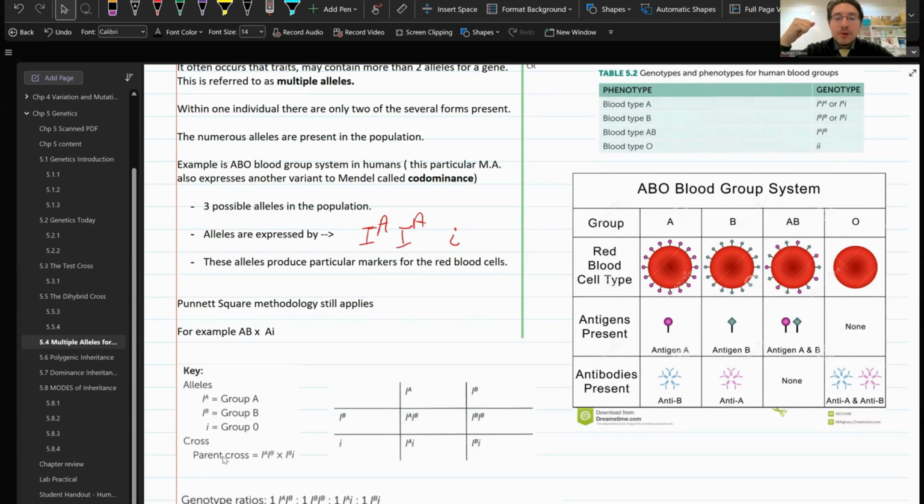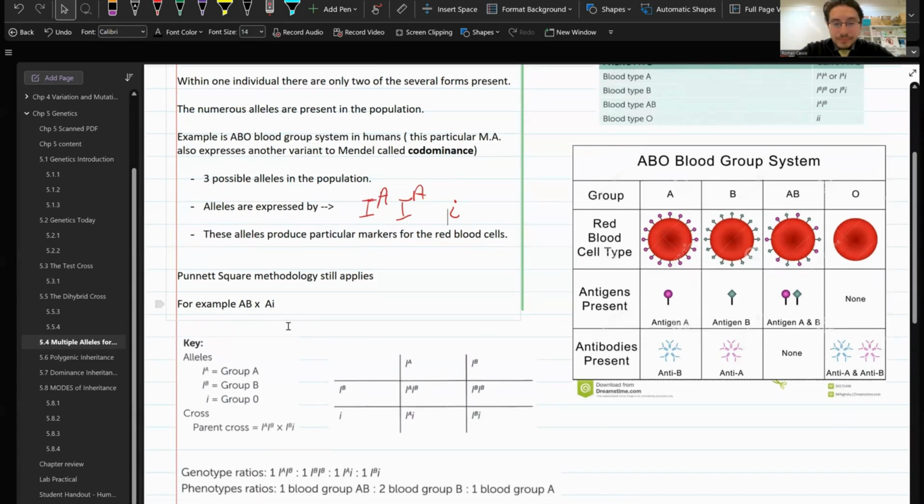Or you can have an absence of any of these alleles, meaning you're not producing any antigen. So how will this work in a Punnett square? It still applies. It still conserves the idea of passing down homologous chromosomes through the gametes into the Punnett square, with probability there.